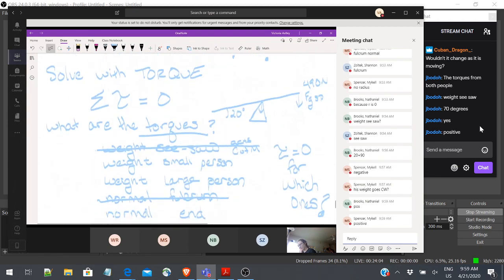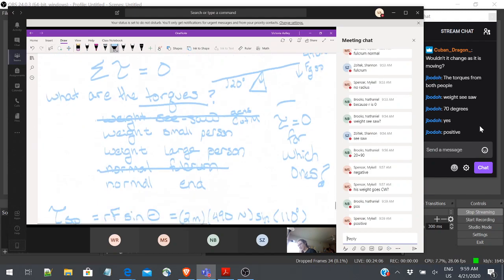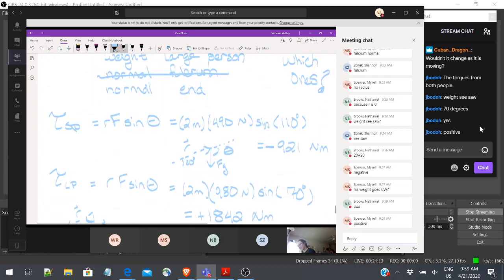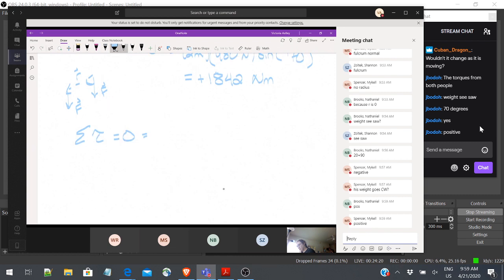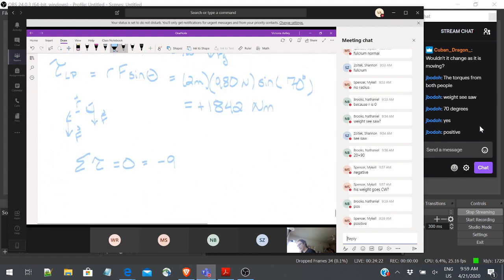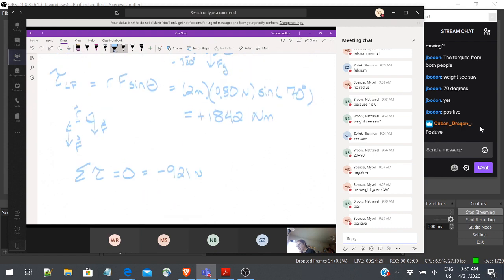Okay. So now what? I know that my torques have to add up to 0. So sum of my torques equals 0. So that is my torque from my small person, negative 921, plus my torque from my large person, plus my torque from the normal force at the end.